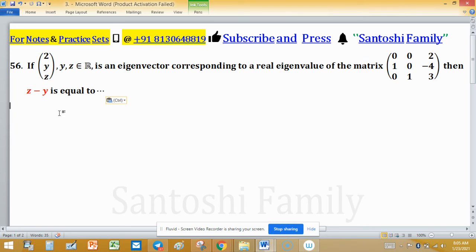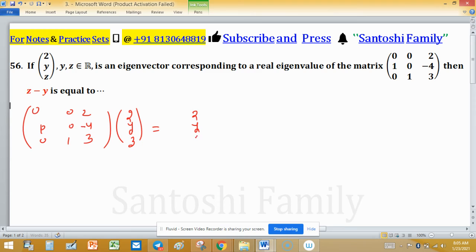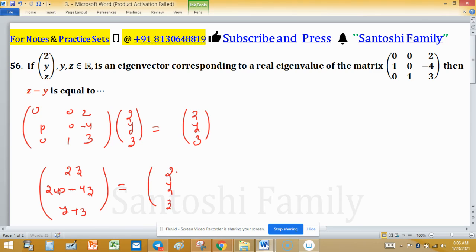So I am going to write the system: the matrix 0 0 2, 1 0 minus 4, 0 1 3, and vector v is (2, y, z), equal to the same vector (2, y, z). Writing the system, we get 2z, then 2 minus 4z, and y plus z, equal to (2, y, z).